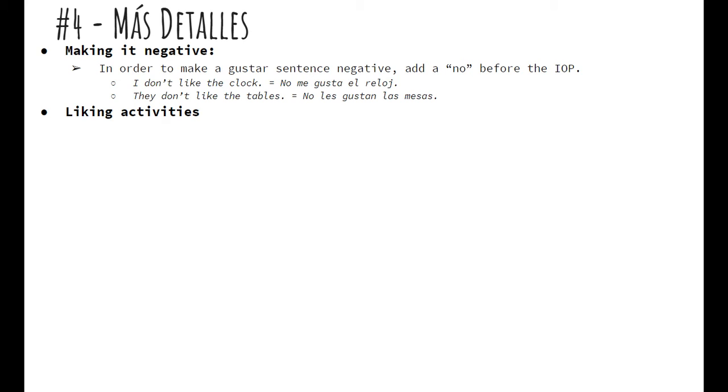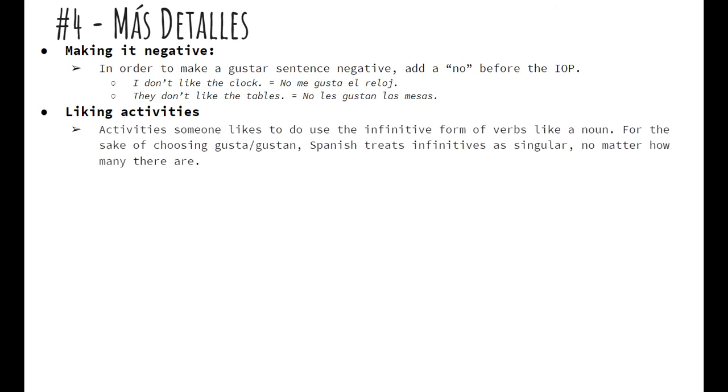Now, to like activities. So activities someone likes to do, use the infinitive form of the verbs like a noun. So for the sake of choosing gusta or gustan, Spanish treats infinitives as singular, no matter how many of them there are. So we like to learn would be learning is pleasing to us. That would be the rewrite, reverse. To us is pleasing learning.